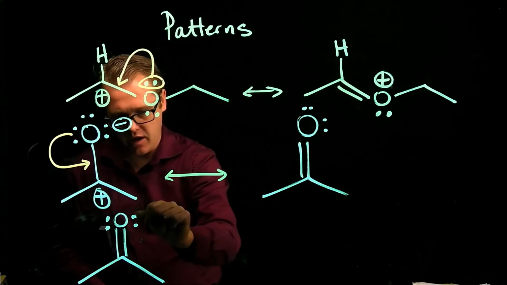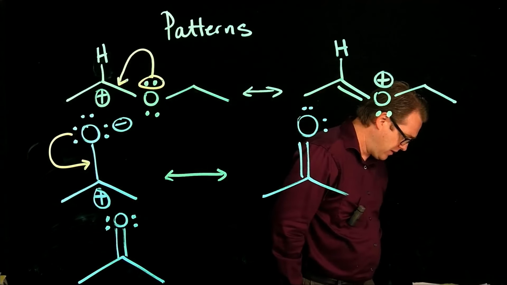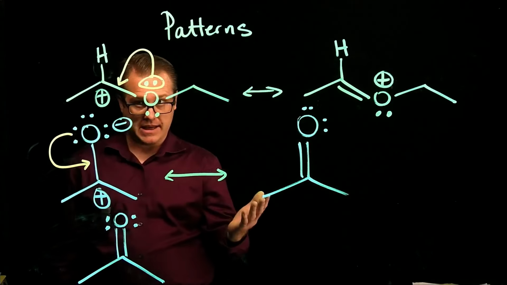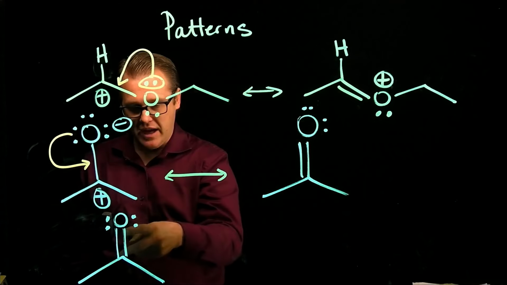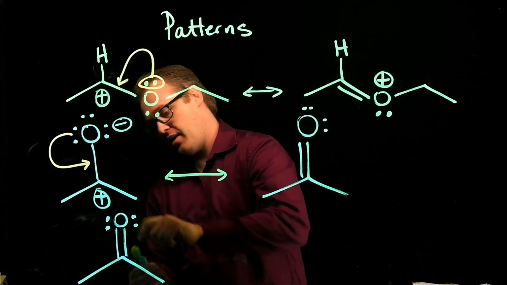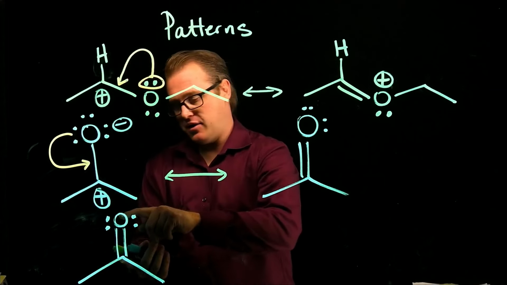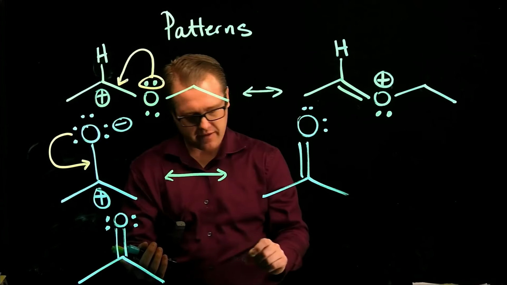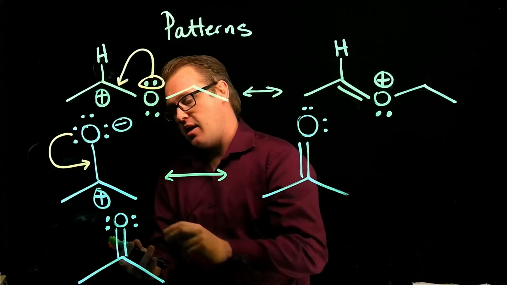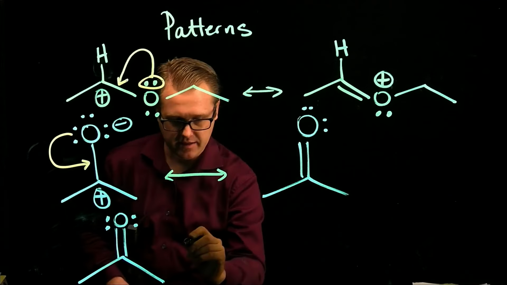When you have an oxygen atom like this, the rule is when you have a pi bond, which basically means a double bond, between two atoms, so we have an oxygen atom here and a carbon atom here, and the two atoms have different electronegativities, you can have resonance.